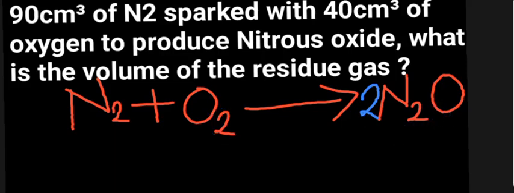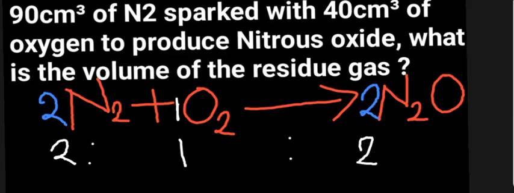Then for nitrogen, there are 4 nitrogen on the right, so placing a 2 here has balanced the reaction. In that case, here is the combining volume 2:1, and that of the product, which is also 2.